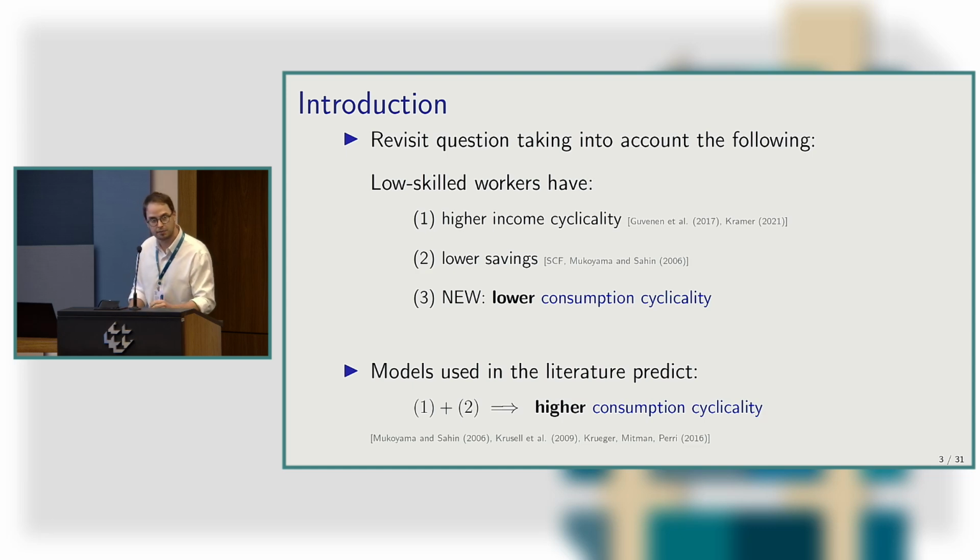This is important because the models used in this literature predict that if workers have higher income cyclicality and lower savings, they would tend to be more constrained, and these models would imply that these workers will have higher consumption cyclicality, instead of what we observe in the data.